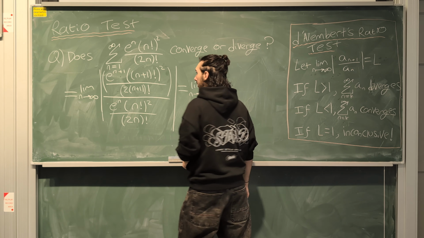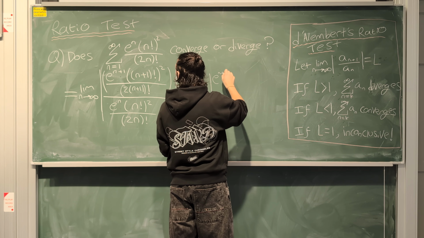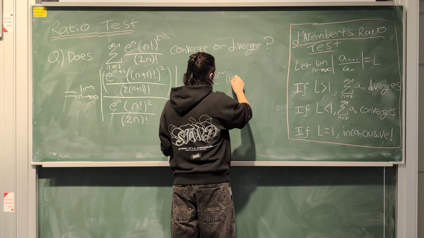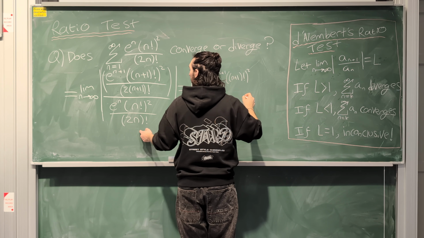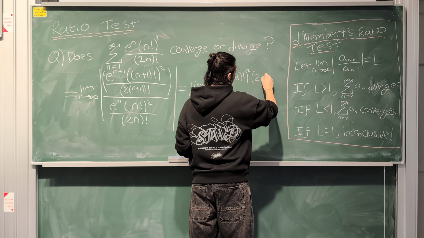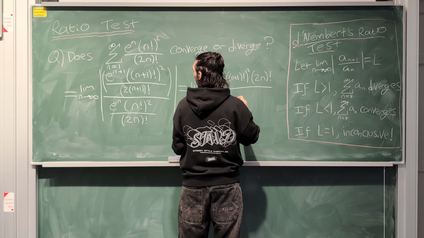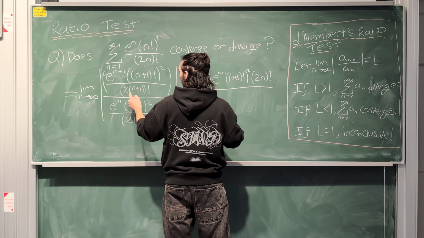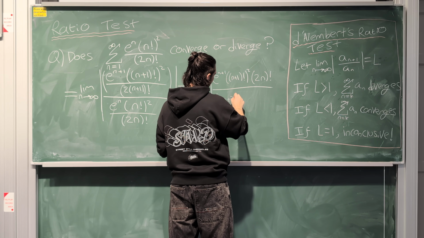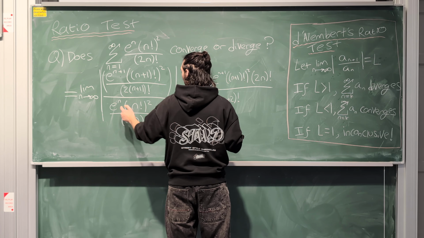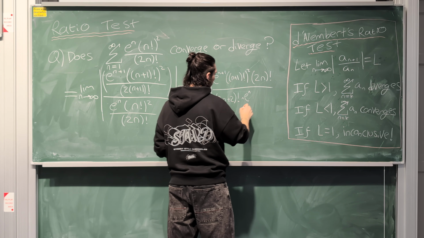So I've got e to the n plus 1 times n plus 1 factorial squared times 2n factorial, divided by 2n plus 2 factorial times e to the n times n factorial squared.